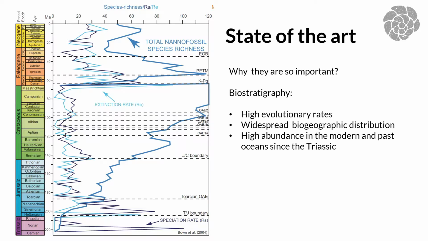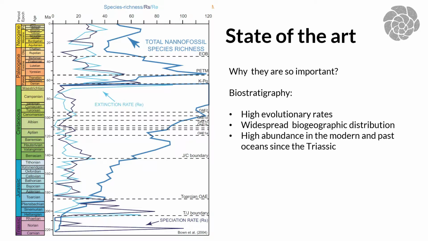Then they return to quite high species richness values. But the more important thing in this figure is these two lines: the speciation rate in very dark blue and the extinction rate, which sum up to make the evolutionary rates. In this case, we can see that calcareous nannofossils have high evolutionary rates.